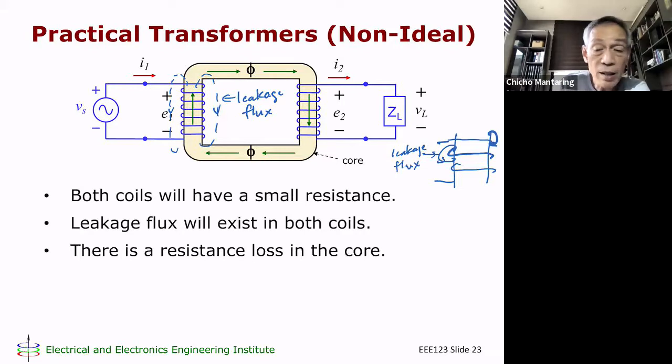And then the third assumption was that the core was lossless. But actually, there's a resistance loss in the core. What do you mean by resistance loss? The flux that flows in your core causes what are called eddy currents to flow in the core material.